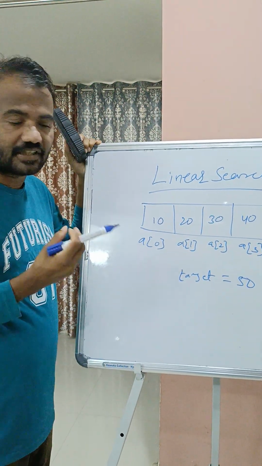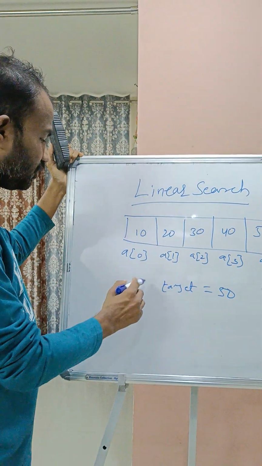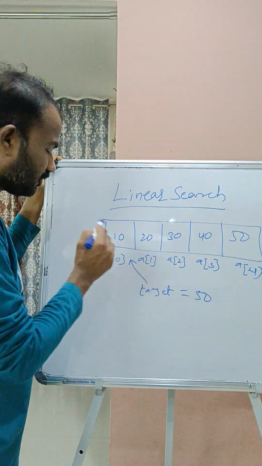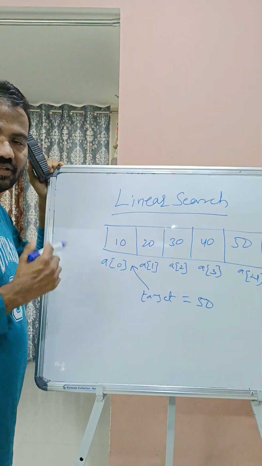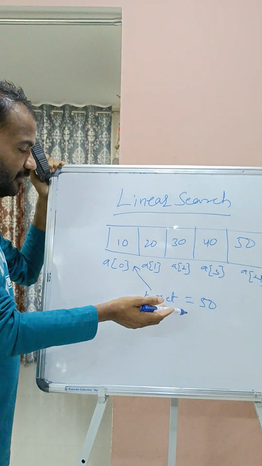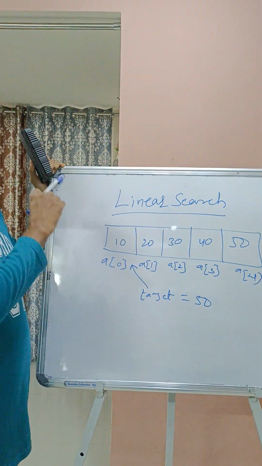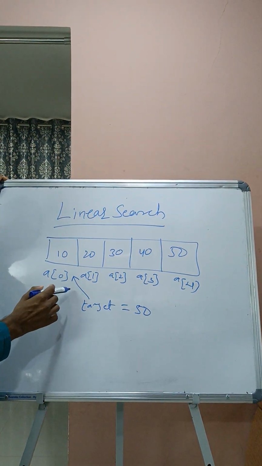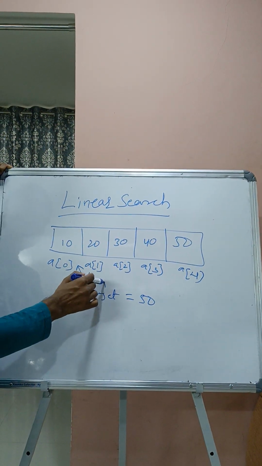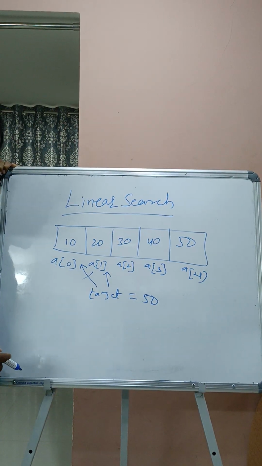In linear search, first the target element is compared with A of 0. If it is matched, the target element and A of 0 are the same, then the searching process is over. Suppose it is not matched, then it is compared with the next element.